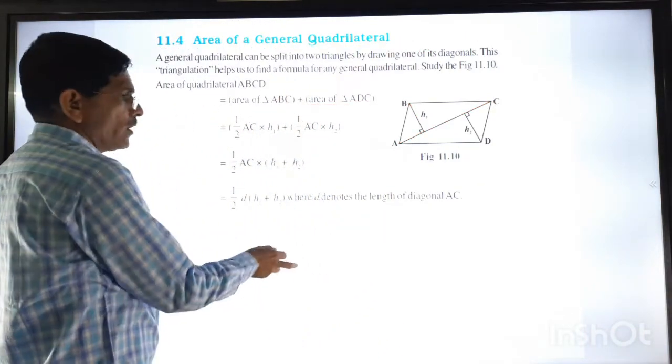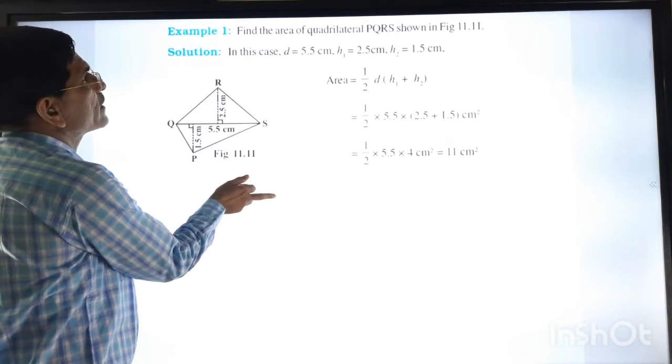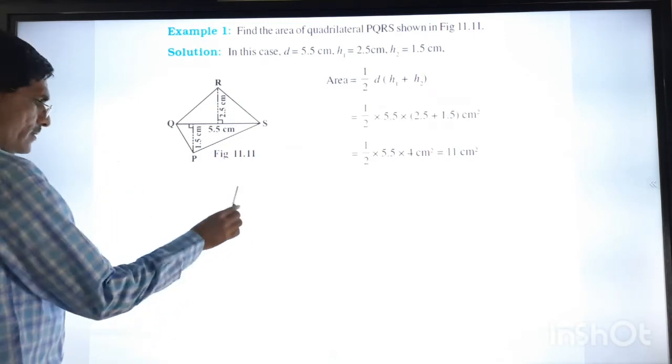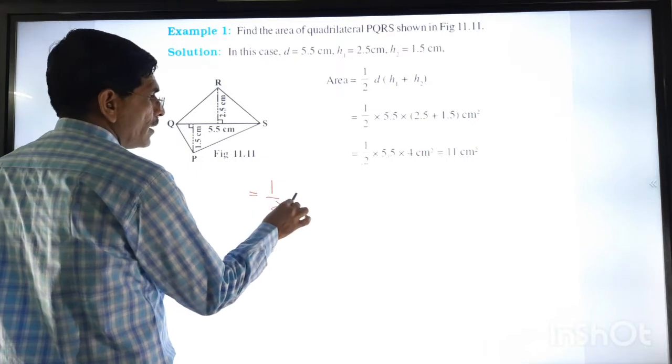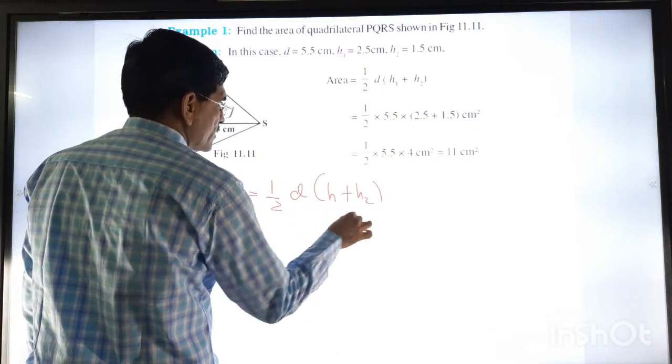Now we can go for a sum. One sum is given here, we can easily find it out. Formula is 1 by 2 d (h1 plus h2).